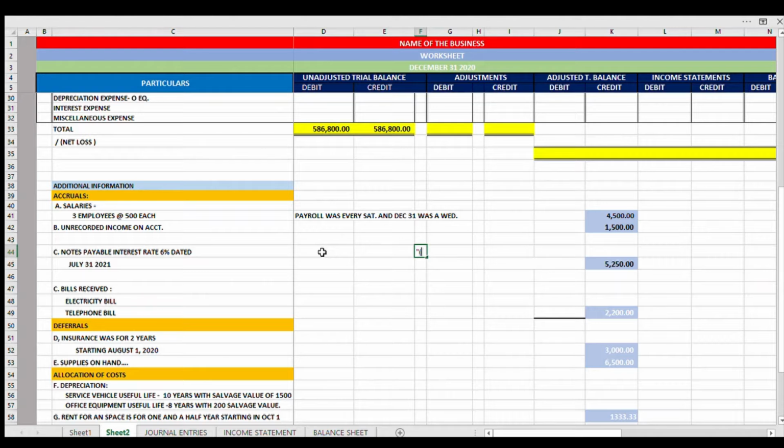Okay. That is 210 times 6% and times 5 over 12. So, that's how it is, just to have an idea how did we get the amount, for this one.